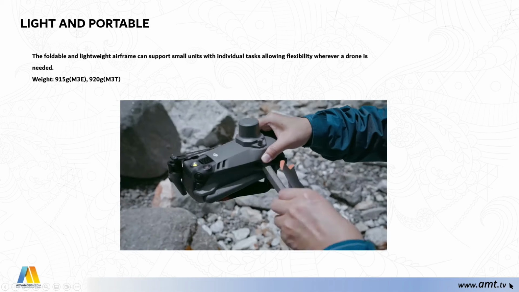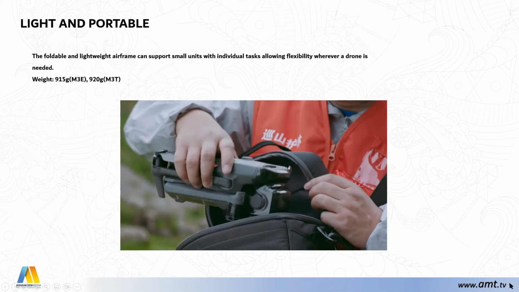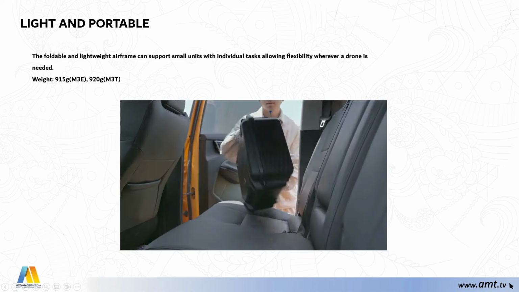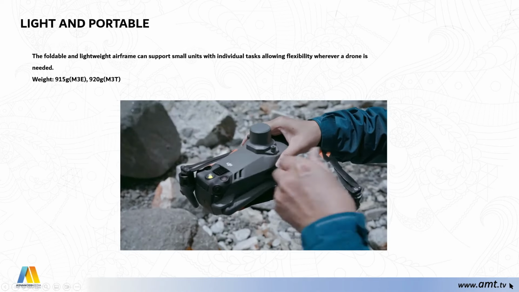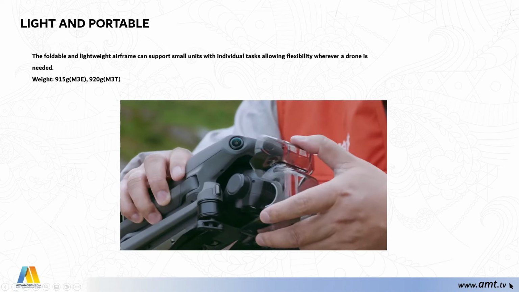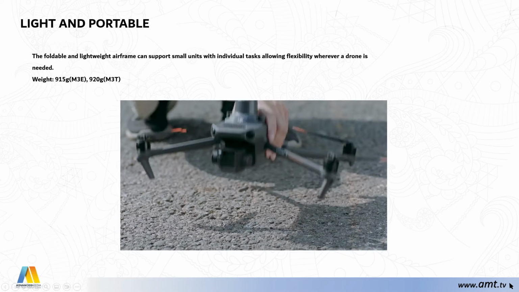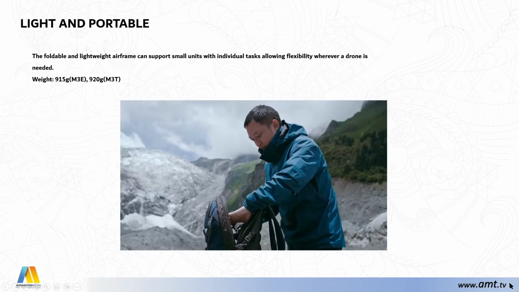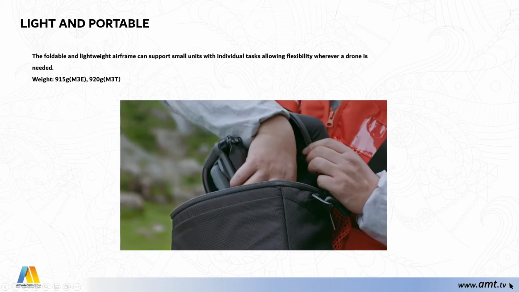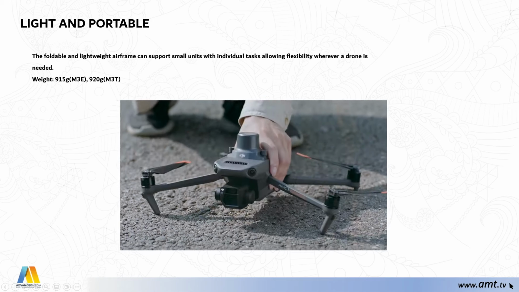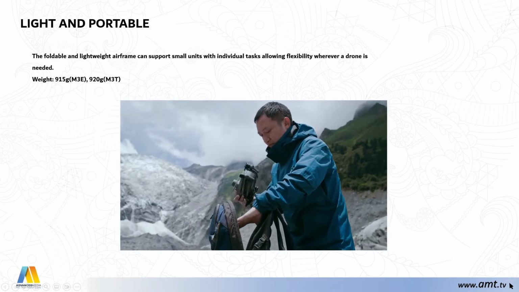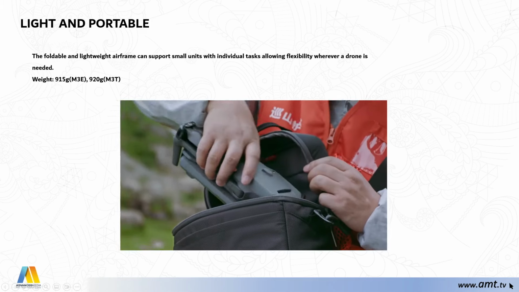Okay, so if I want to introduce the Mavic 3 Enterprise series, I will describe it as light and portable. And this is really important to have because in a lot of cases, we will need to deploy the drone in an urgent case. We will need to deploy the drone as soon as possible.